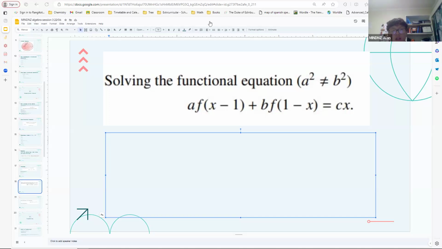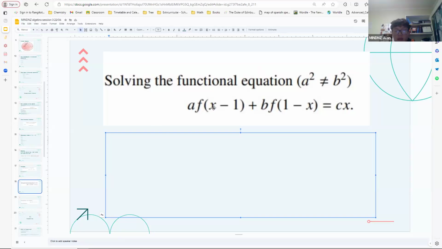Can anyone tell me in chat about the substitutions that they have thought of? You have to make two substitutions to do this problem. Okay, I'll just tell you guys one of the substitutions.